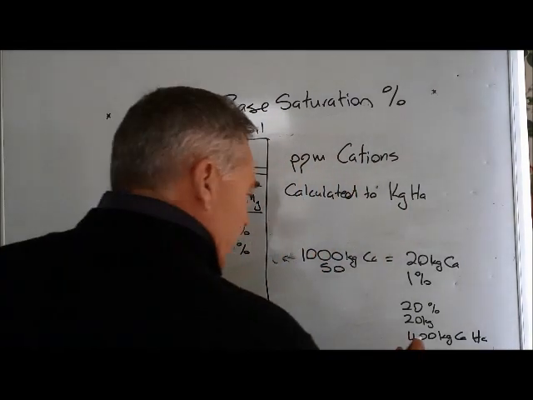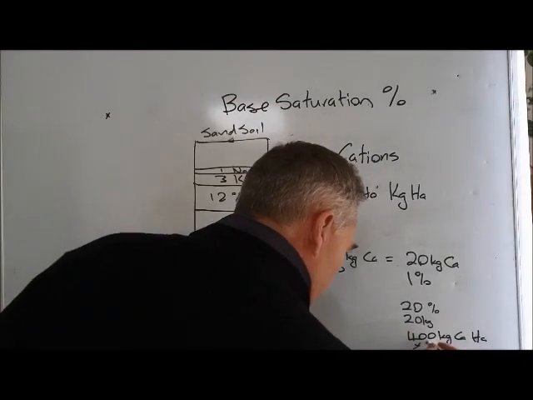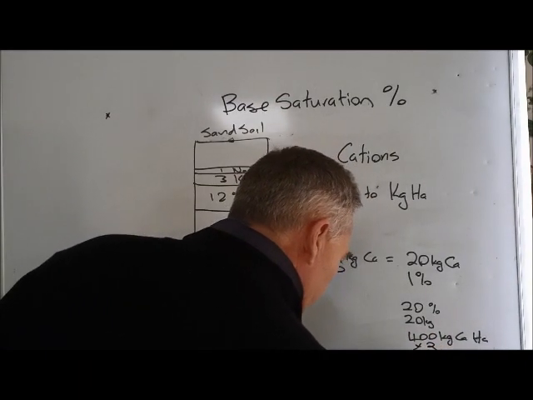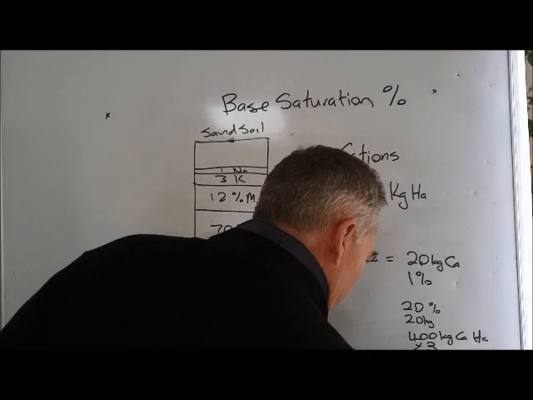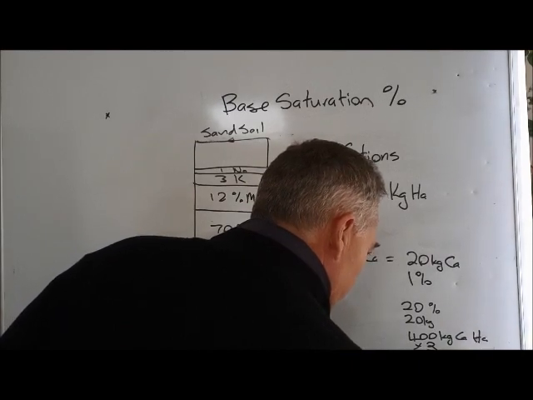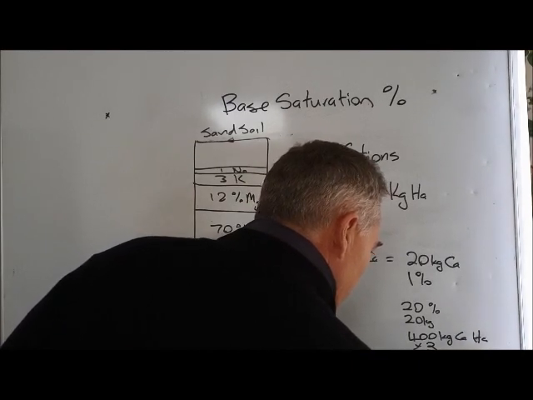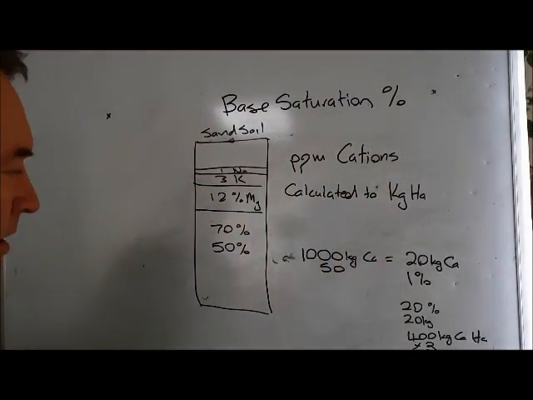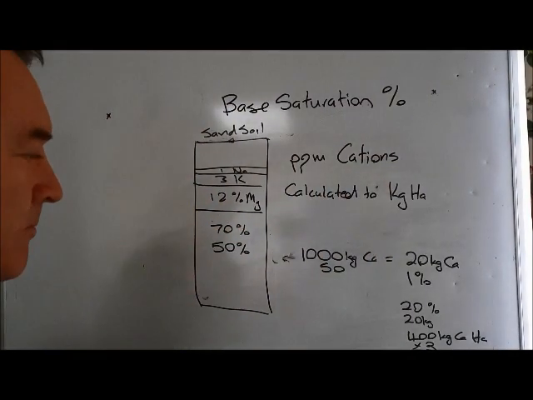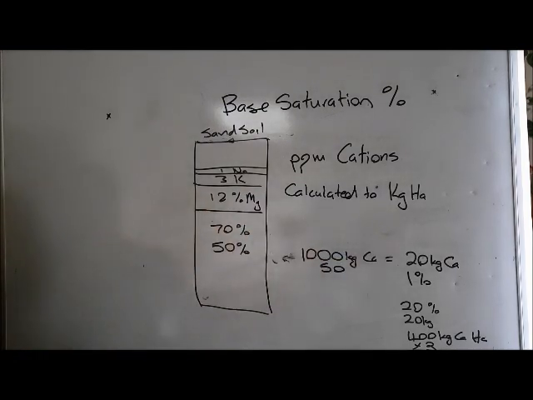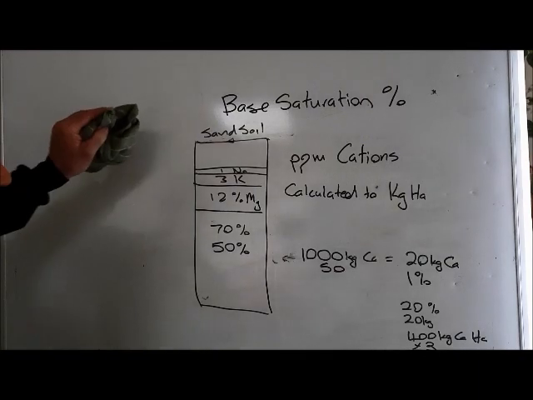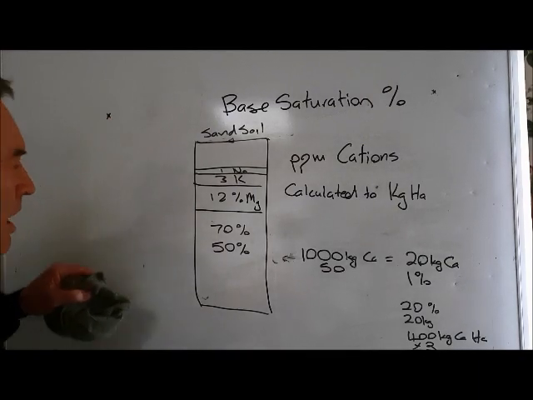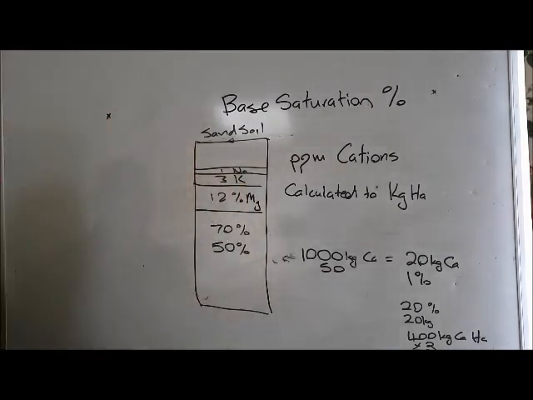So if we do the equation times 3, we're only looking at 1,200 kilograms of limestone to lift the pH in the sand soil by 20%. Now, there's a whole lot more to these equations, and I'll go into them further, but this is the significance of understanding the size of your soil and how we're trying to arrange it and put it in place.